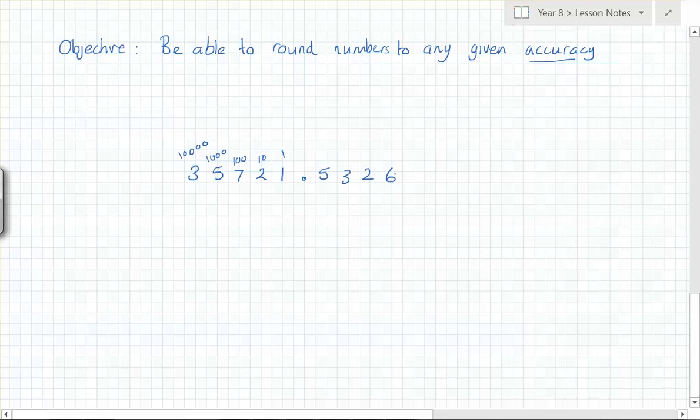This side though still has values, but they are tenths, then hundredths, then thousandths, then ten-thousandths.